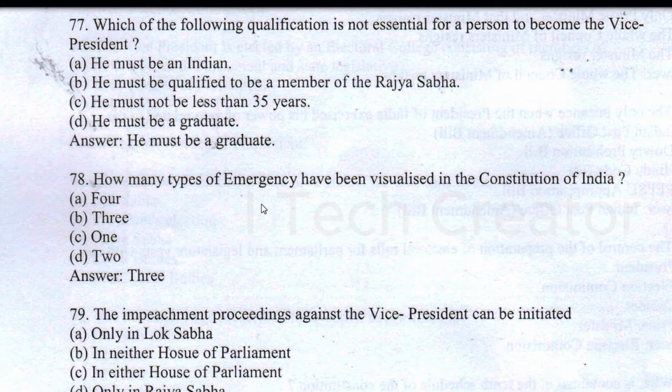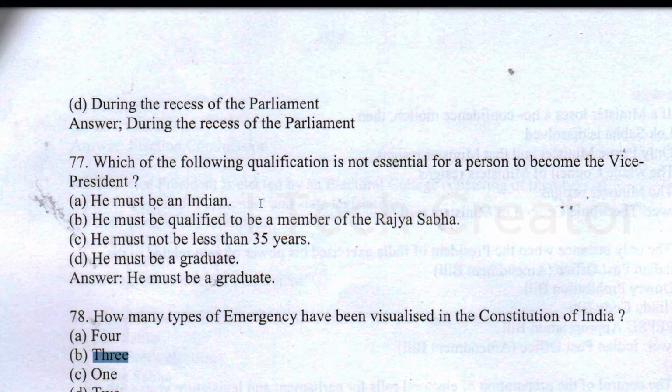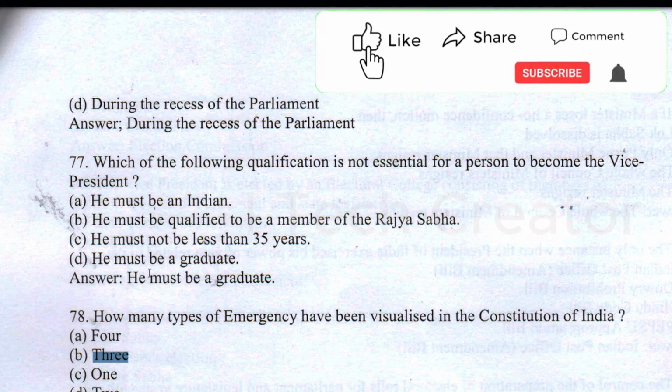How many types of emergency have been visualized in the Constitution of India? 3. Which of the following qualifications is not essential for a person to become the Vice President? He must be a graduate. Yes.